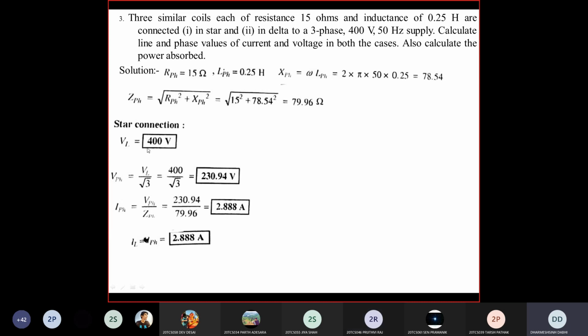Same way, find out power factor, because you need to calculate power absorbed in the 3-phase connection. So the same equation, root 3 VL IL cos phi. What is the answer? Power factor is 0.1875 lagging, because of the inductive nature of the load.